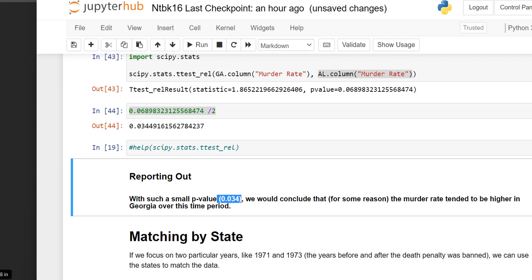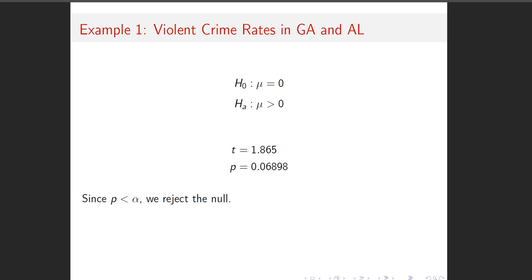Okay, and the book has the same conclusion that I do. I said P is less than alpha. Now, 0.0689 is not less than 0.05, but again, we divide this in half and it's 0.034, right?